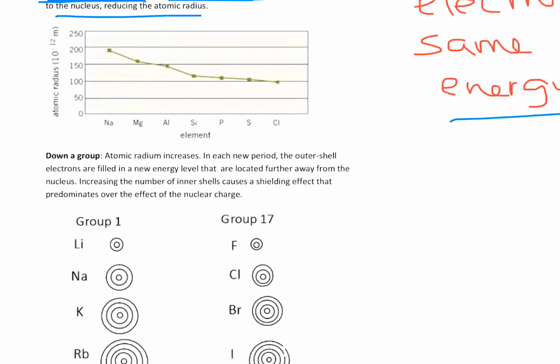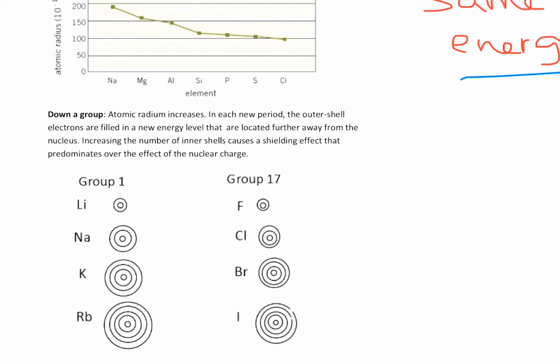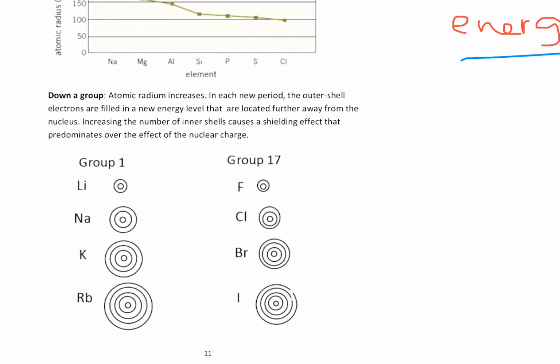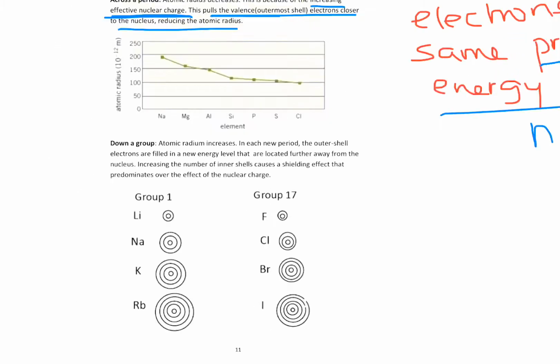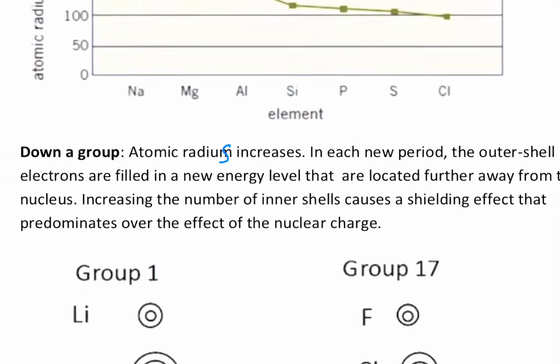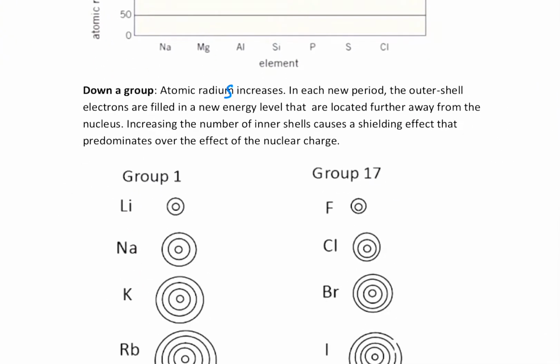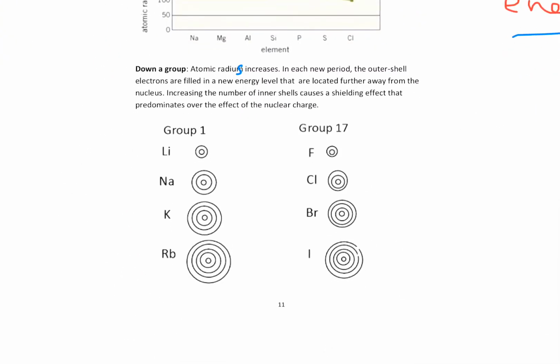Now down the group, what happens is that the atomic radius is going to increase. And why this happens is that if we look down the group, so this is period 2, period 3, period 4, period 5. So as we're going down the group, the period number is increasing.